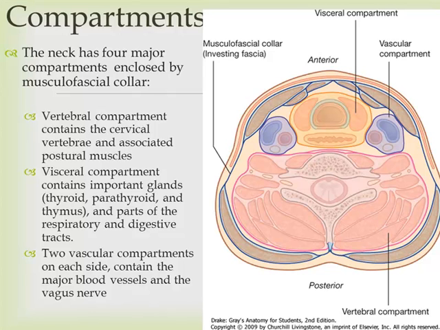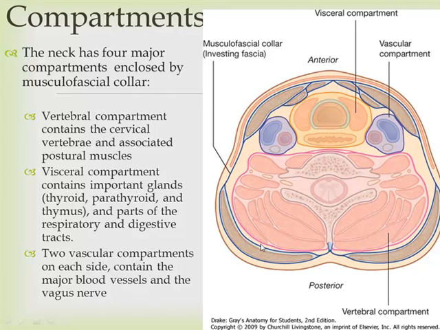We looked at splenius, semispinalis, and all the muscles of the suboccipital triangle, rectus, obliquus. All these muscles are associated with the vertebral column, and we like to call the area where we have the vertebral column and the associated muscles the vertebral compartment.